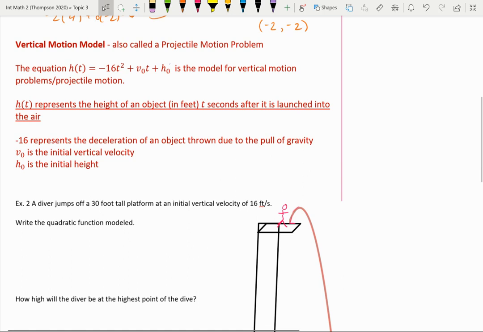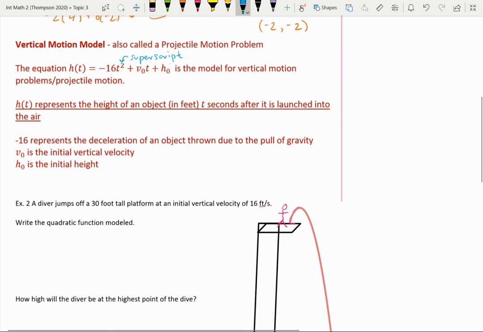This symbol, v with a little 0, stands for the initial velocity. Before we even get into that, let's talk about what this little 0 represents. This 2 right here, this exponent, is what's called a superscript, because it's written a little bit above and smaller.